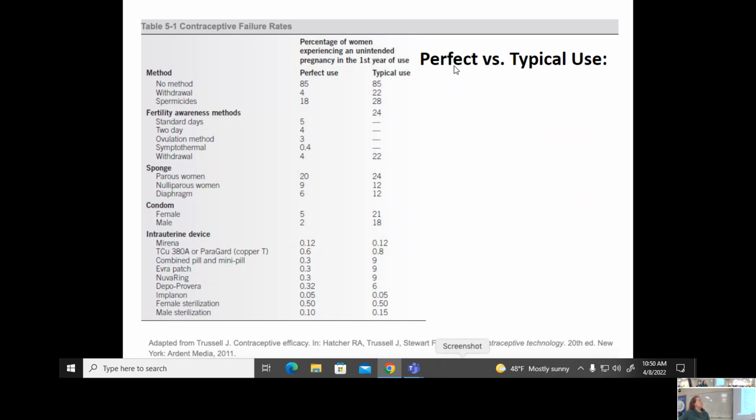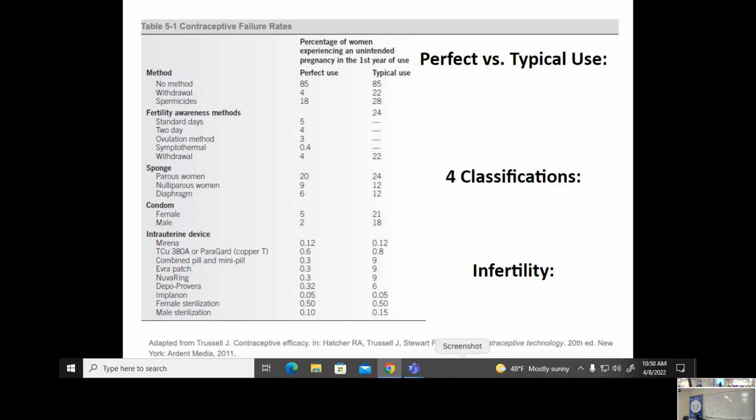That's how they determine these failure rates. So if you're not using any method in particular, 85 out of 100 couples in a year would achieve pregnancy.